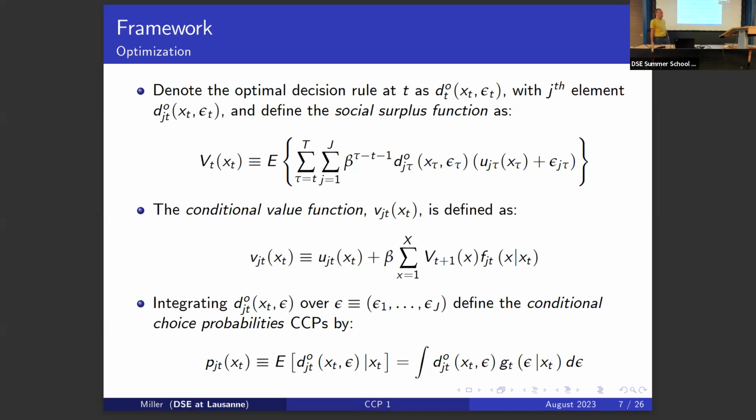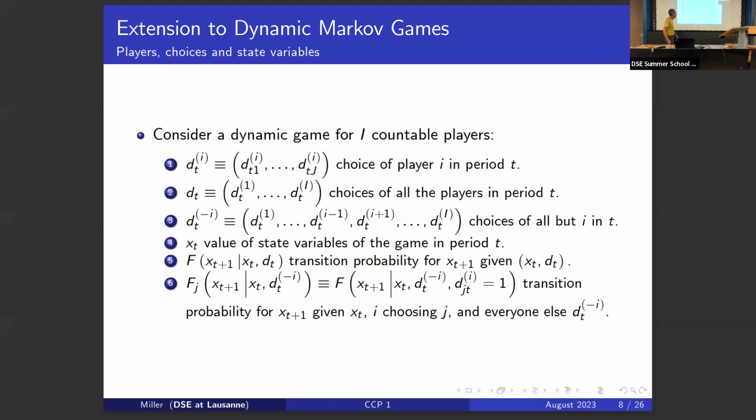Conditional choice probability is just, again, with the same information that I had up here, what's the probability that it'll be optimal for me to take an action today, given that I see the x's. So all I'm doing here is integrating over the epsilons, once I know the d.